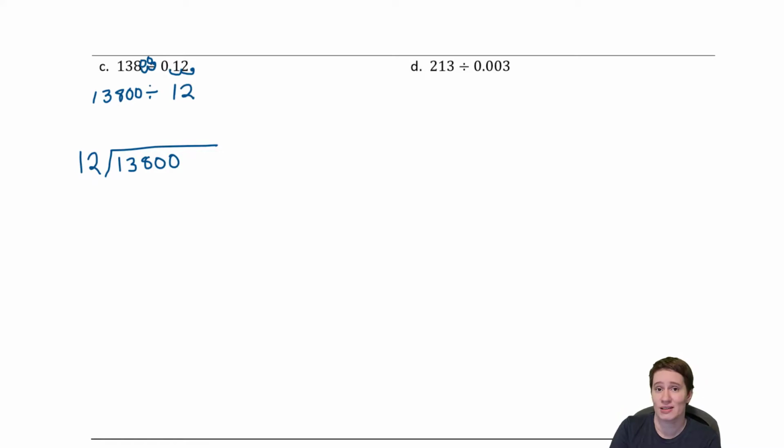Like 12 actually is, although some of us don't know our 12 super well, and that's neither here nor there. But if we were dividing by like 35 or something, that's not a part of the multiplication tables. It just makes long division feel kind of annoying as we have to figure out multiples of 35, basically.